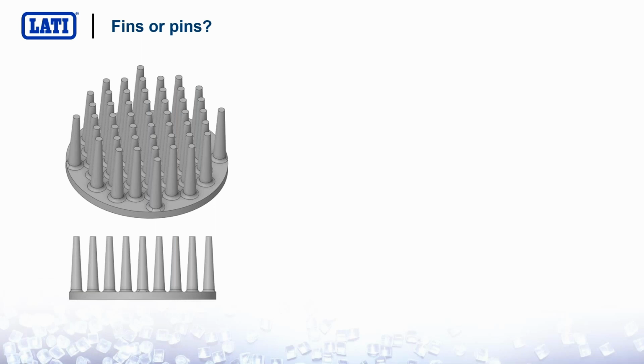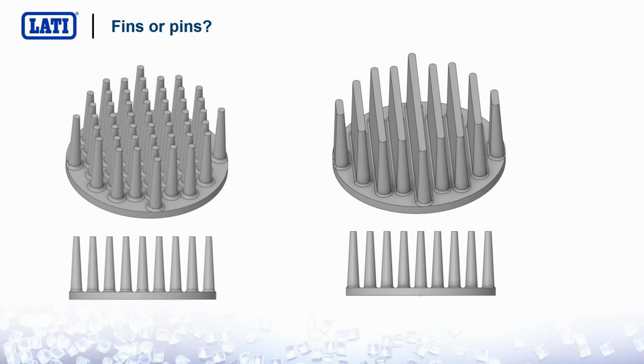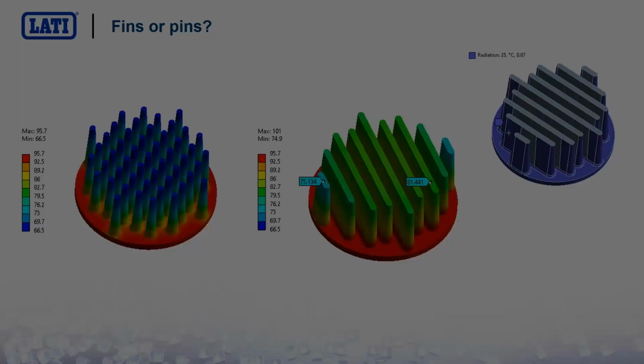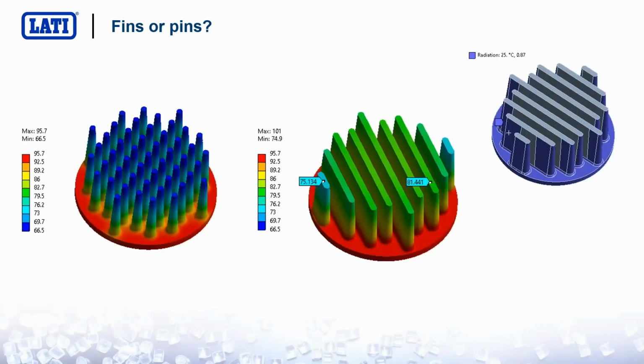Fins or pins? There are many options, really, a lot of geometries possible. This is just an example with the same hindrance of the geometry. You will obtain, of course, different results. Generally speaking, pins are more efficient compared to fins, but they may be more difficult to manage.